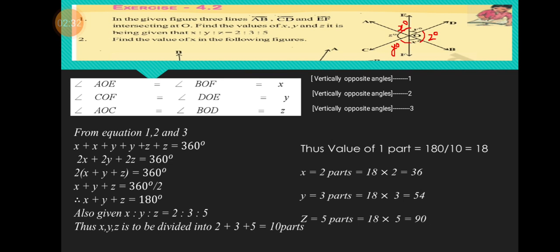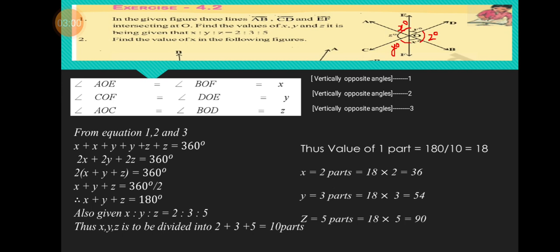But if you observe the figure properly, we find that the opposite angles so formed are vertically opposite angles, that is, angle AOE is equal to angle BOF. So AOE is also x, as BOF is given as x.